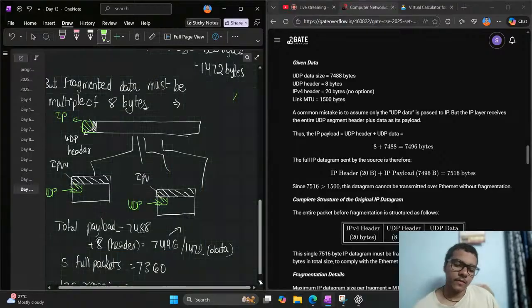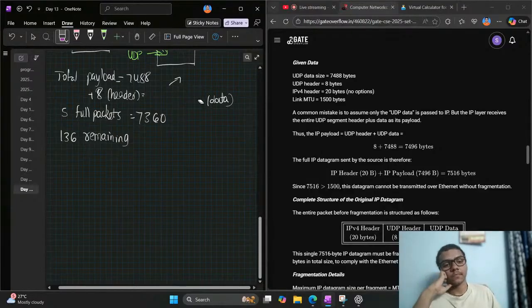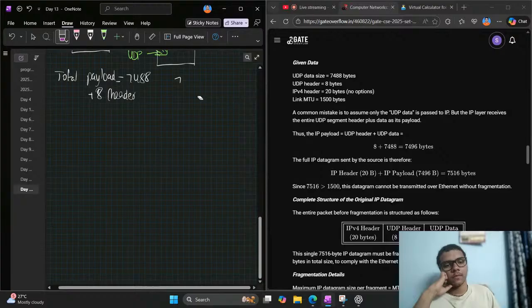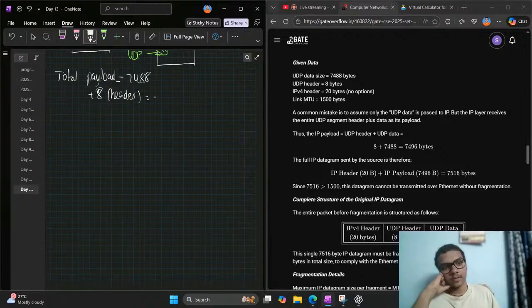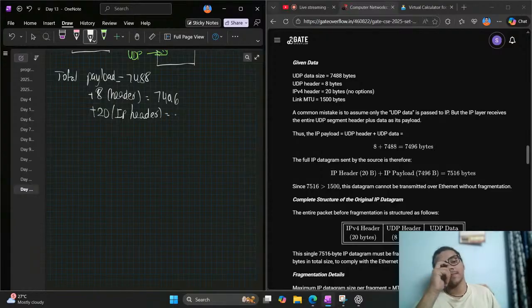Now you can do IP by IP. Plus 8 header, how much is that? 7496. And plus 20 IP header. So how much is that? 7516.